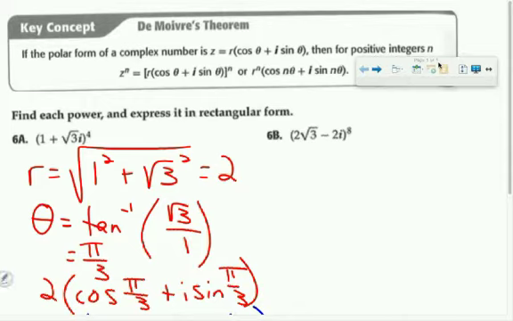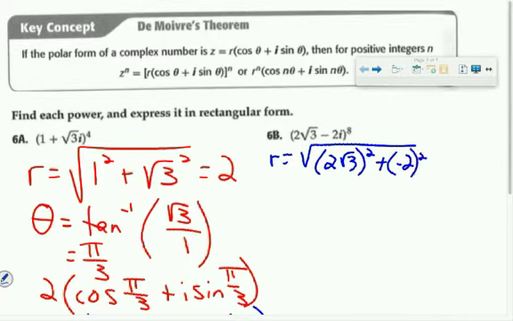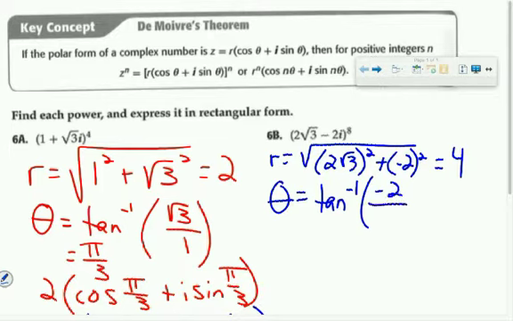Okay, so once again, I've got to find my r and my theta. So r is the square root of 2 radical 3 squared plus negative 2 squared. Well, 2 radical 3 squared is 12, and negative 2 squared is 4, so 12 plus 4 is 16, and the square root of 16 is 4, so that's nice and pretty. My theta is going to be the inverse tangent of negative 2 over 2 radical 3.